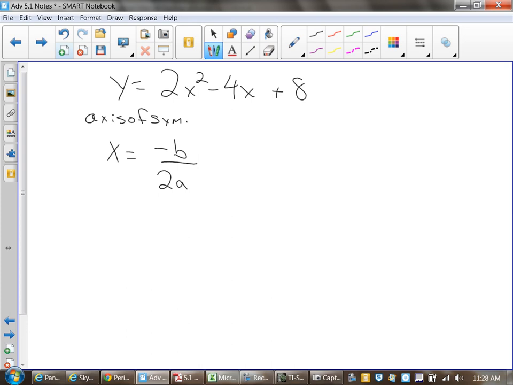You always go with the sign in front of the 4. So the opposite of negative 4 is what? Positive 4. So in this example, it would be positive 4 divided by 2 times 2, which is 4, so 1. My axis of symmetry occurs at the line x equals 1. Okay?